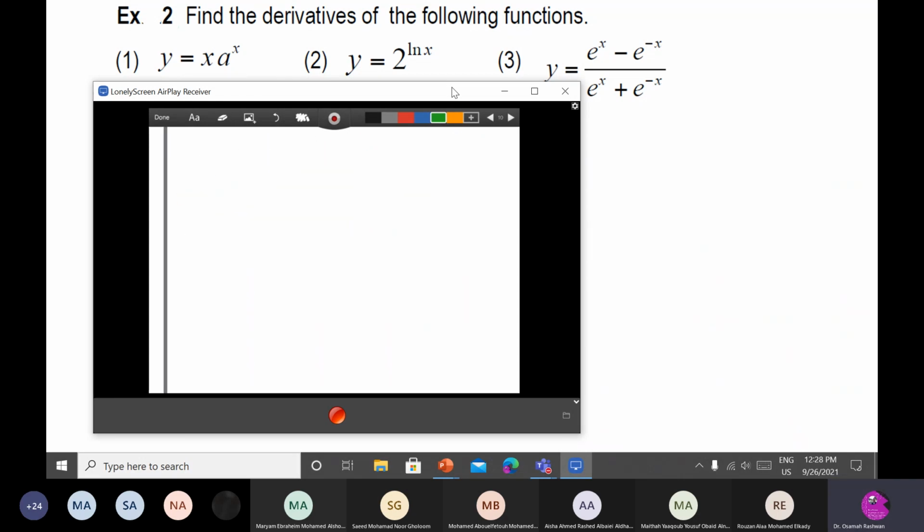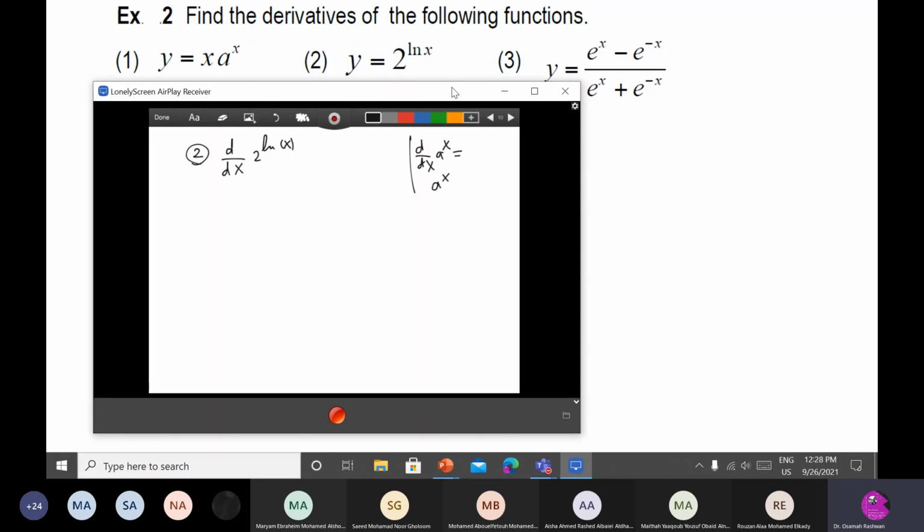Let's go for the second one. I'm looking for the first derivative of y equals 2 to the ln x. So I have d by dx as a first derivative of ln x. This is using a chain rule. I know d by dx for a to the x is what?